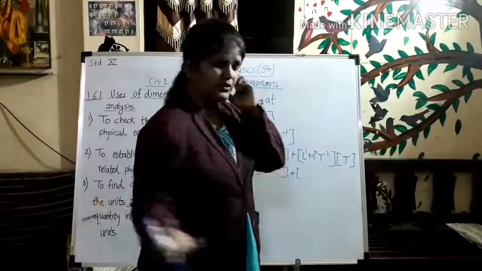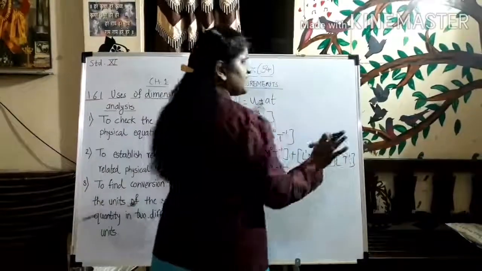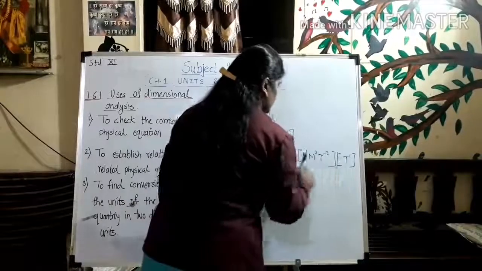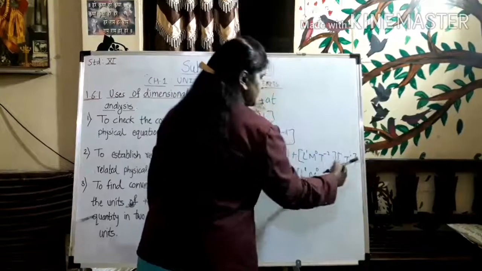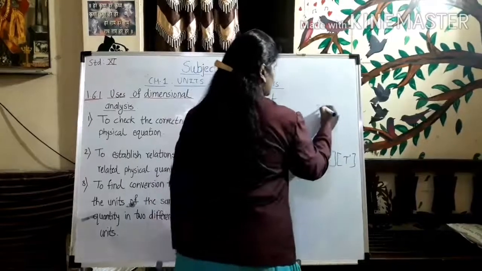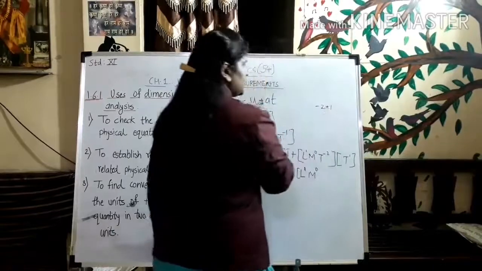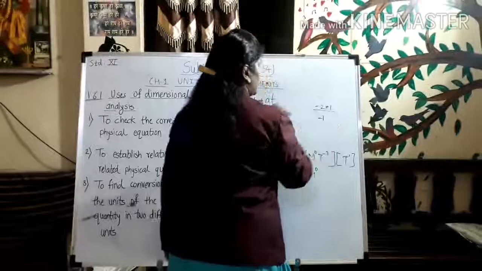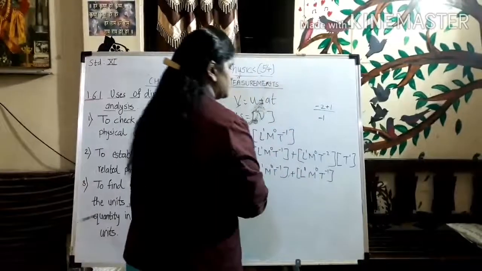For our convenience, I have just written T raised to 1 only. By multiplying, here T raised to minus 2 is there and T raised to 1 is there. As I said, indices get added. So minus 2 plus 1 will be nothing but minus 1. So this becomes T raised to minus 1.